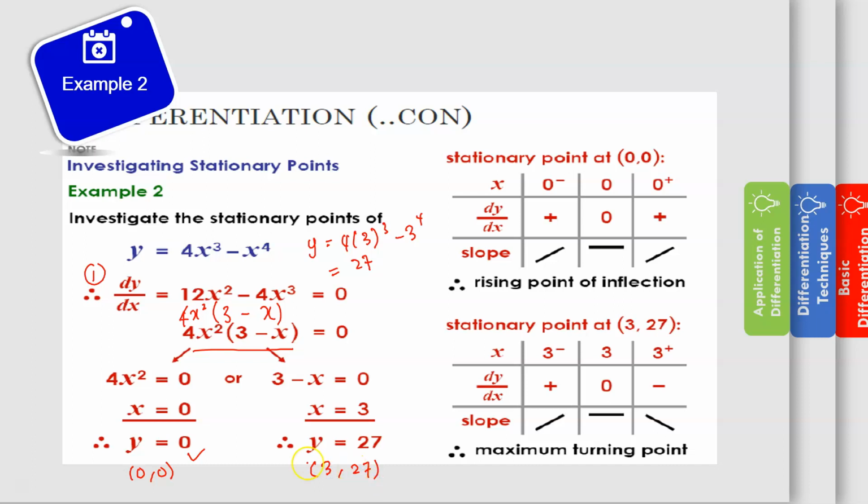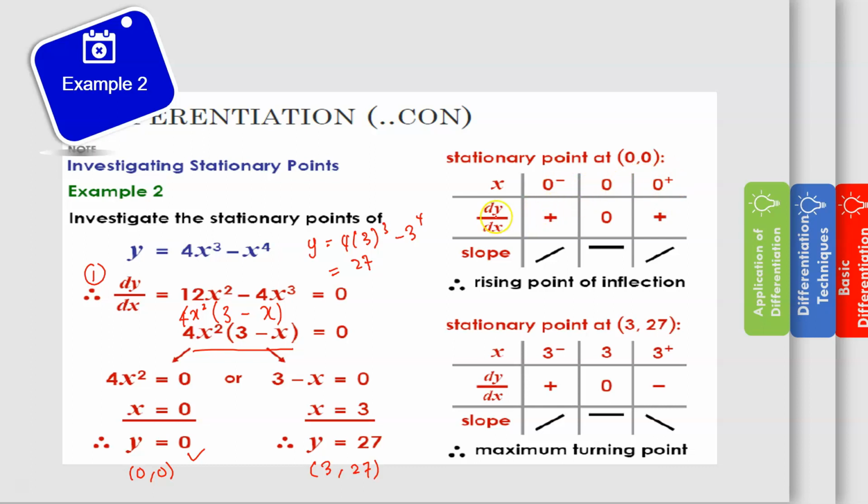And then, because we have two stationary points, we need to have two tables. The first table is for x equal to 0, and the second one is for x equal to 3. So at stationary point of 0, 0, we can have x, this one 0, this one negative side of 0, this one positive side of 0.